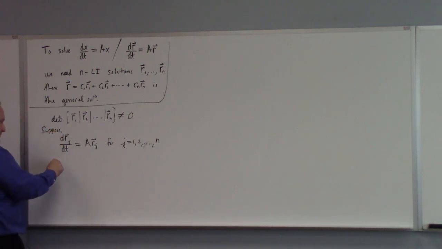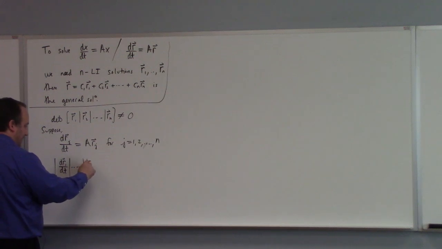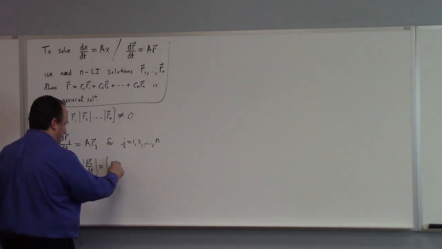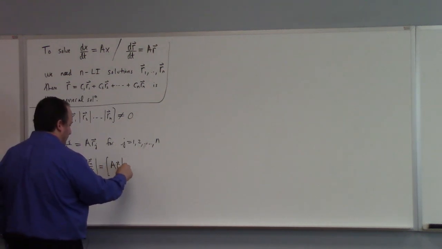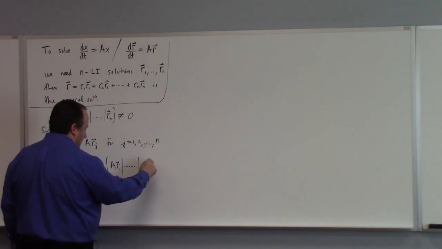Then notice that if we were to look at dR1/dt and then concatenate it all the way out to dRn/dt, this matrix of derivatives, then by assumption that matrix of derivatives would be AR1 for the first column, right? AR2 for the second column, and so forth until we finally get to ARn for the nth column.